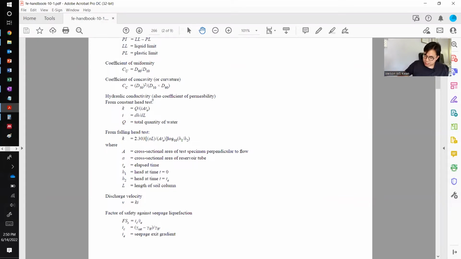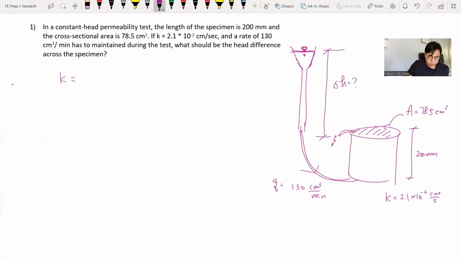So it gives you the K value equal to the capital Q divided by i times A times t. Realize that this capital Q means the volume, and the time gives you the dimensions of hours, seconds, or minutes.